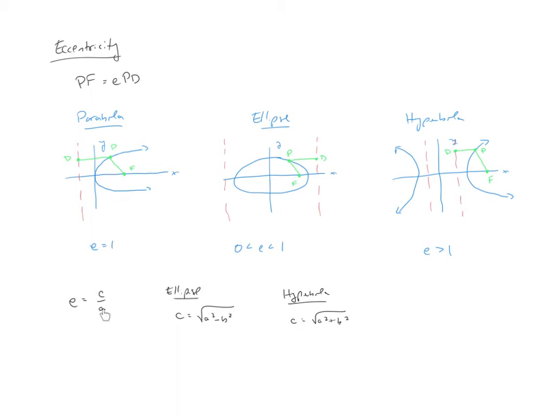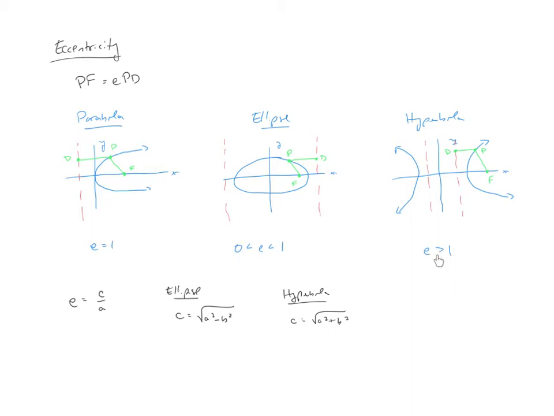Regardless, I prefer to look at it like this because e equaling 1 just says that c equals a in this particular case. Here, e is a proper fraction, which means a is bigger than c. The distance from the center to the outside of the ellipse is bigger than the distance from the center to the foci, which makes sense.